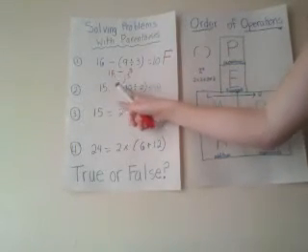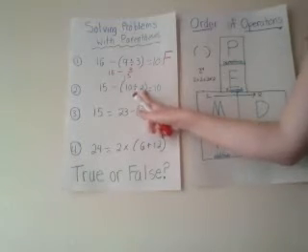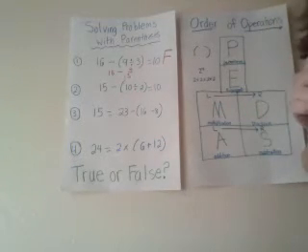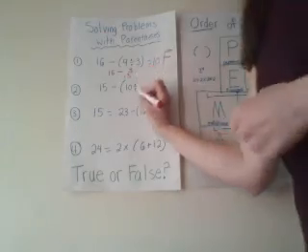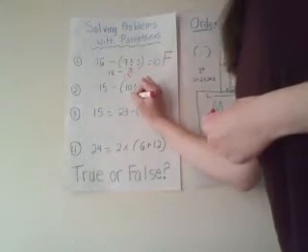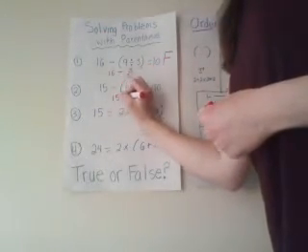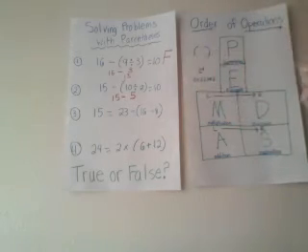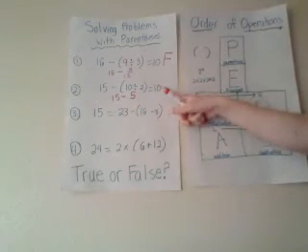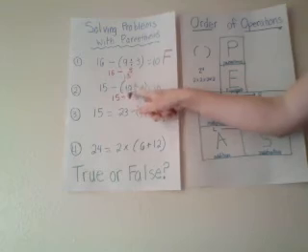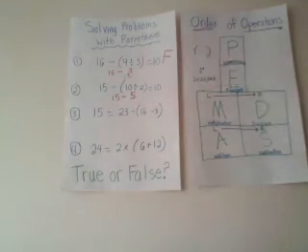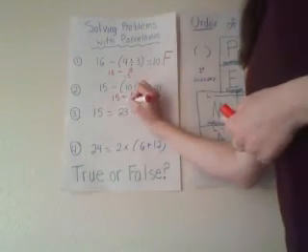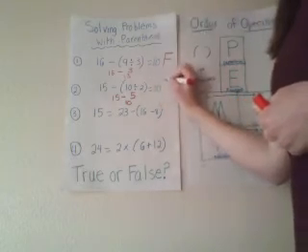So looking at 10 divided by 2, which is in parentheses, what is 10 divided by 2? Hopefully you said 5, so I'm going to write down 5, and then I'm bringing down the rest of my equation. So I have 15 minus 5. And my answer, again, supposedly is 10. If I take 15 minus 5, do I end up with 10? The answer is yes. So for this one, we're going to put a T for true.